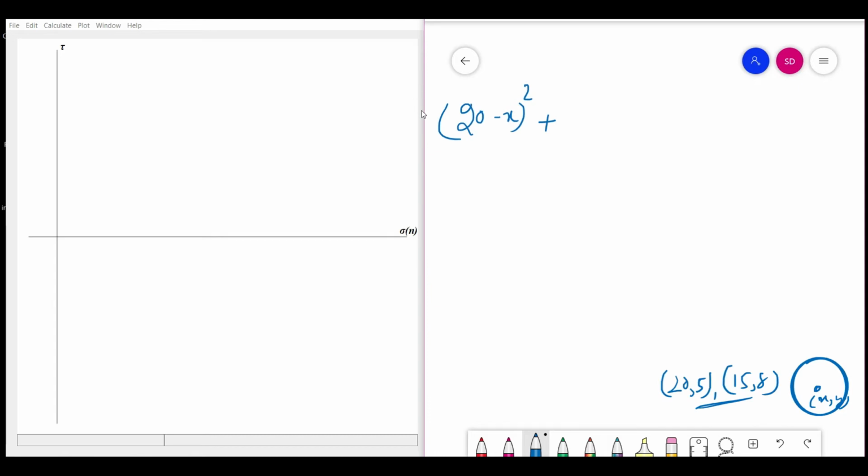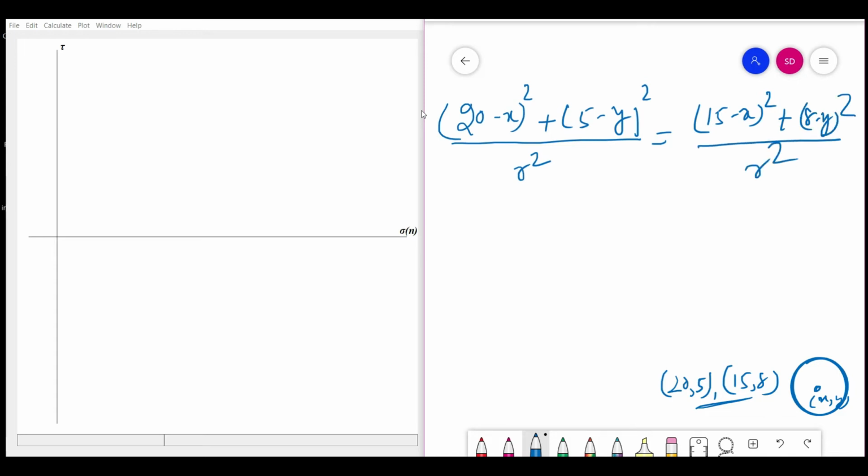So r square is equal to 20 minus x whole square plus 5 minus y whole square, and this is also equal to 15 minus x whole square plus 8 minus y whole square, because the radius is always the same for a circle.